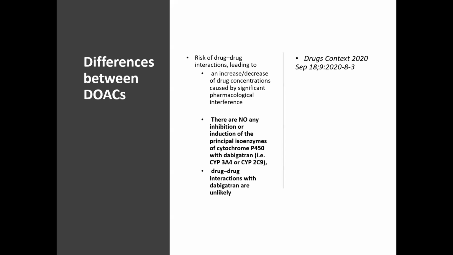In this background, we need to understand differences in between different direct oral anticoagulants. And the most important is risk of drug-drug interaction, the way they are being metabolized. An increase or decrease in drug concentration caused by significant pharmacological interference is an important parameter, because you need to know that whatever dose that you are using is correct or not, and is it adequate or not.